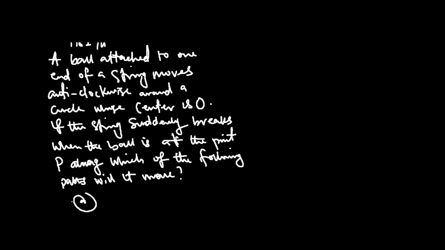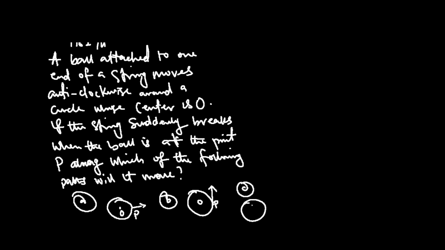So we have option A, this center O, and we have this to be point P. So the ball moves in that direction. Option B is O, and this is the center. We have that P, ball moves like that. For C, we have O, ball moves like this.